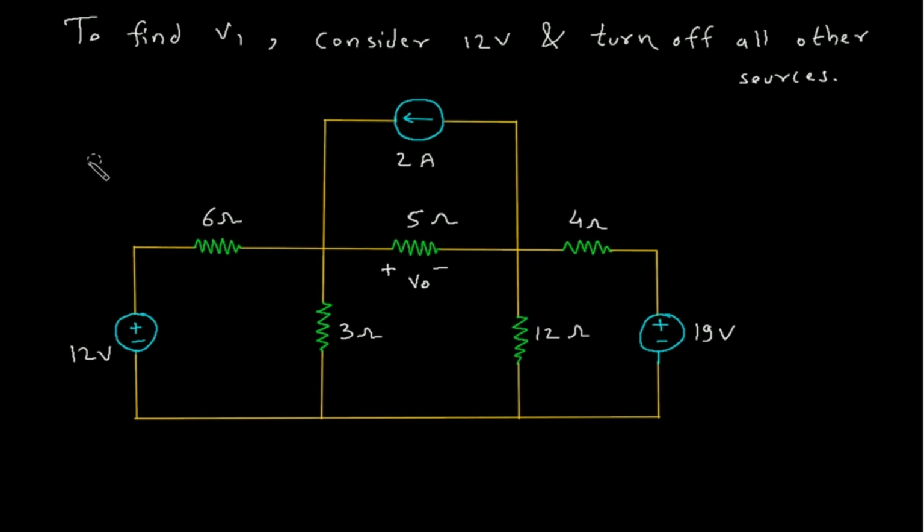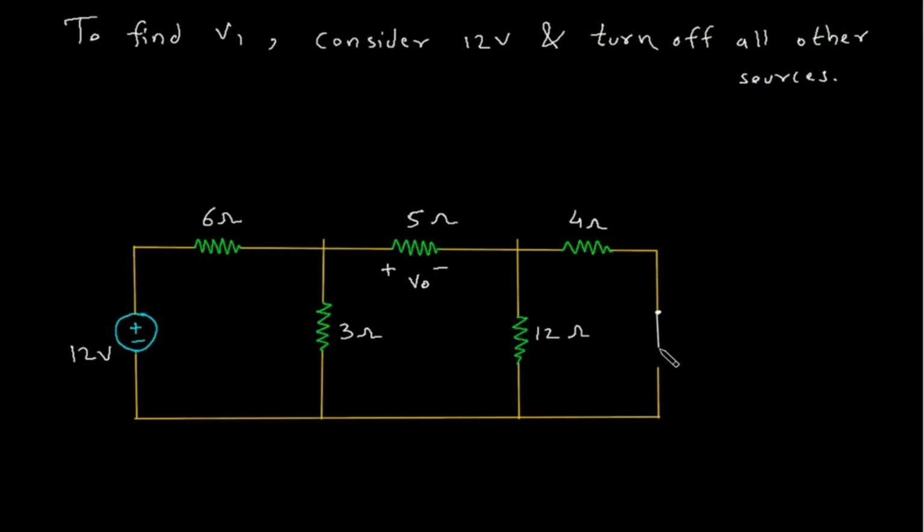Since this is a current source, this will be turned off and open circuited. Now this is a voltage source, so this will be turned off and short circuited.